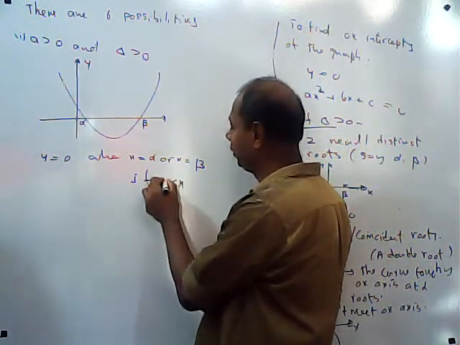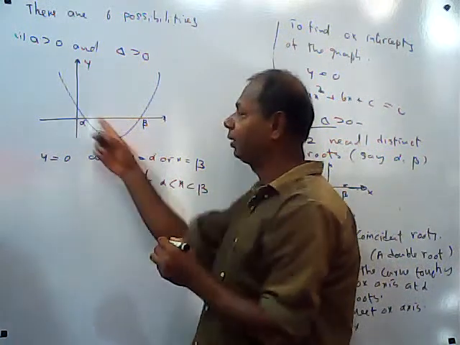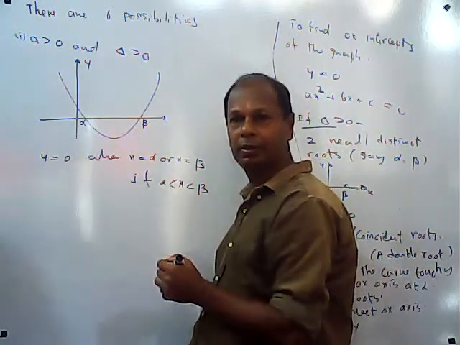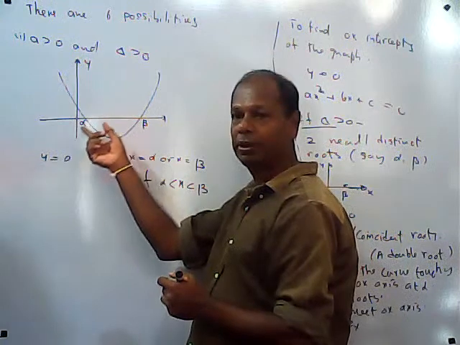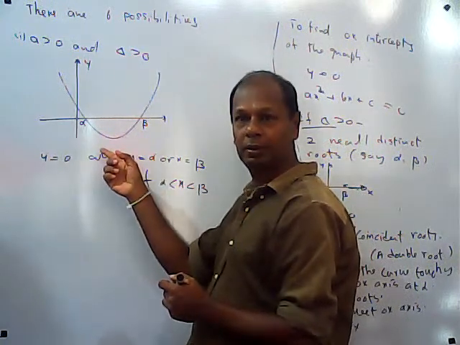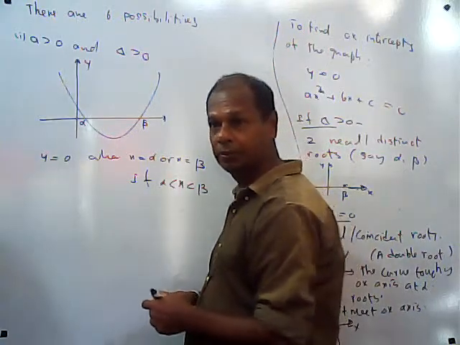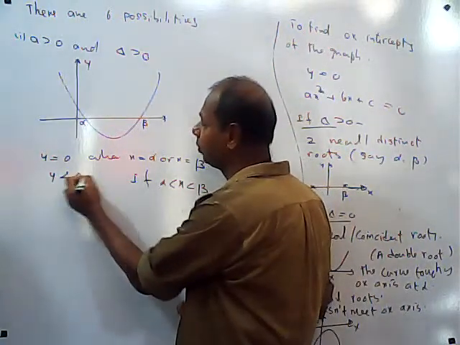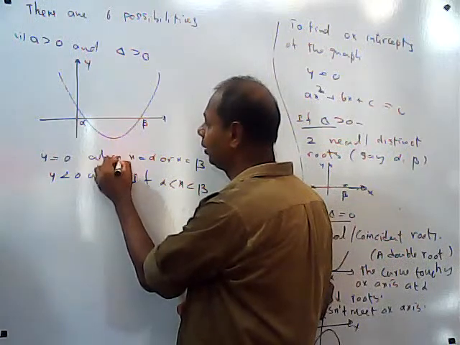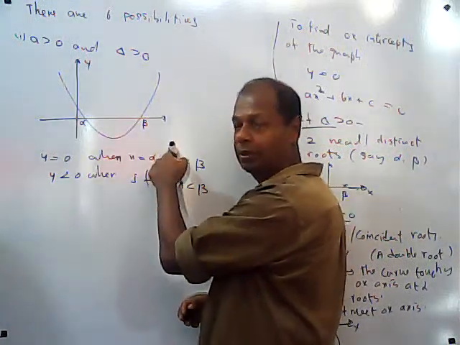If x is between alpha and beta, y will be negative. Y is less than 0 when x is between alpha and beta.